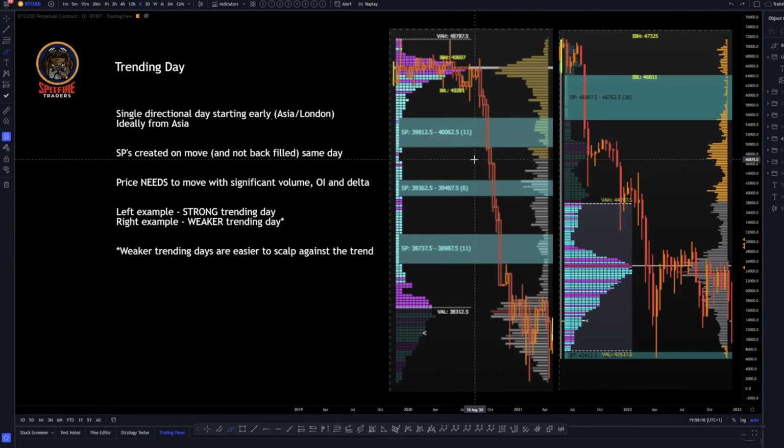This whole price movement needs to be on significant volume, open interest and delta. Okay, obviously if this is just dropping like a stone, especially on downside price action, you might not necessarily see positive open interest and negative delta. So you might not necessarily see a move like this on new shorts, and that's something you really need to take into consideration about downwards price action.